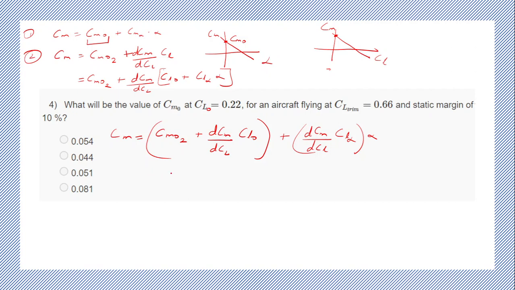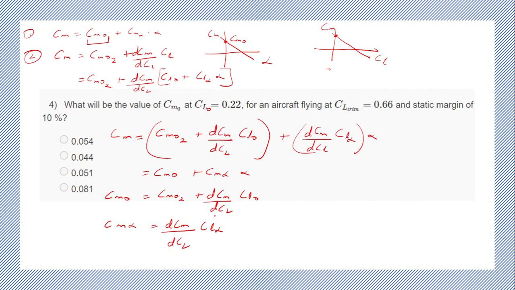Now, if you equate it to the first equation, it will be CM naught plus CM alpha into alpha. What do we get here? CM naught equals CM naught 2 plus dCm by dCl into CL naught, and CM alpha equals dCm by dCl into CL alpha.